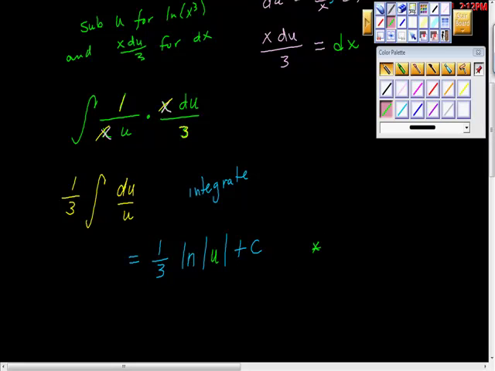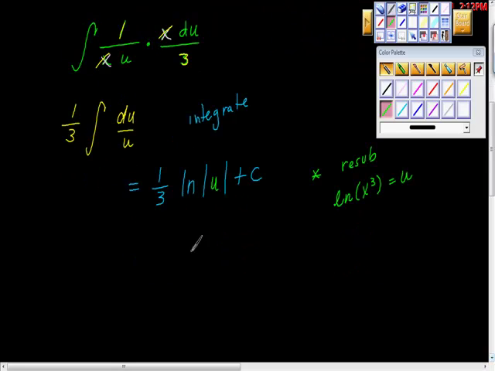Remember, we're going to resubstitute ln of x cubed equals u. So I'm just going to put that in there, and we'll get 1/3 ln of ln of x cubed plus c. Is that all right?